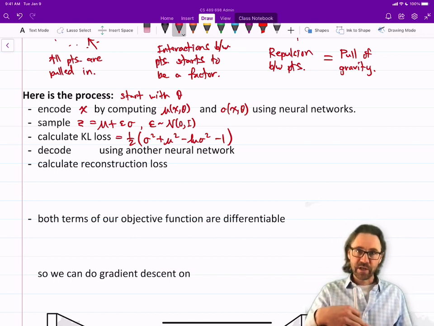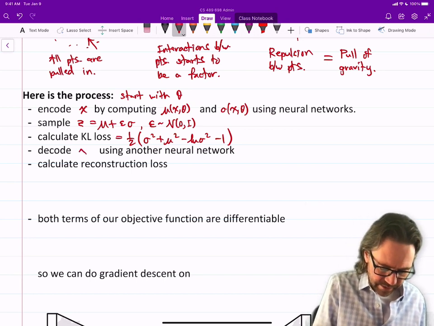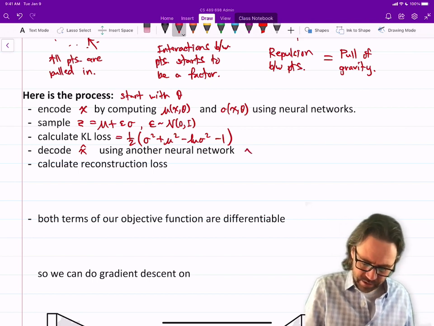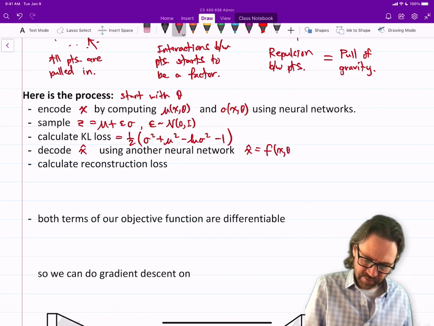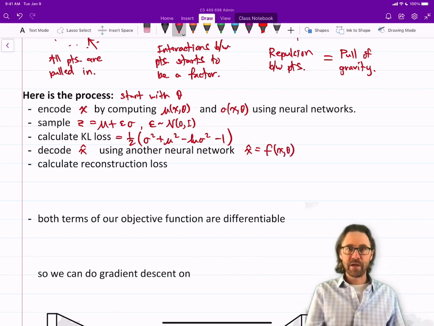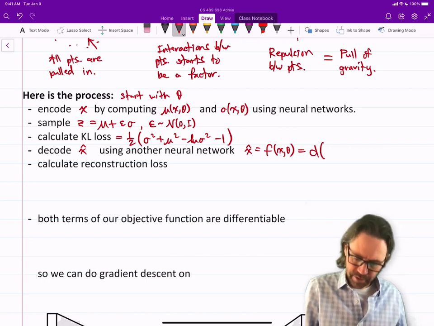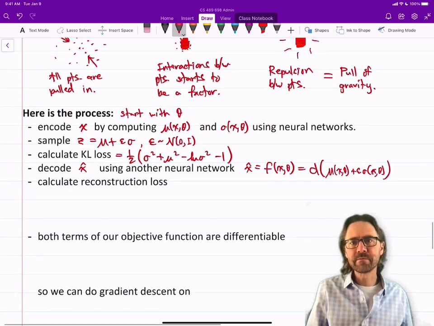Okay, so now we have to decode. We have our Z in our latent space. Now we decode x hat using another neural network. So x hat, I could call it f of x, theta, goes from input all the way to the output, but it's actually the decoder applied to the Z, which is mu of x, theta. I'm drawing it this way to show that you can go end to end.